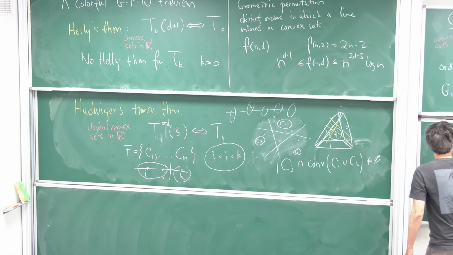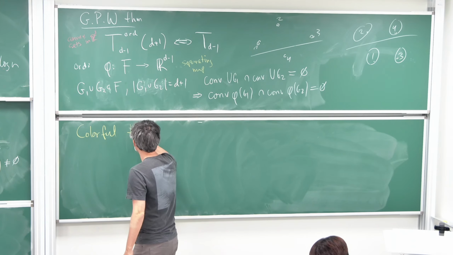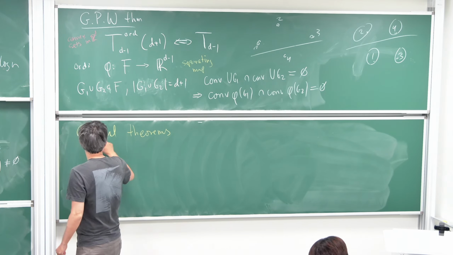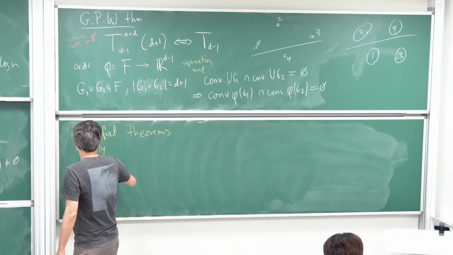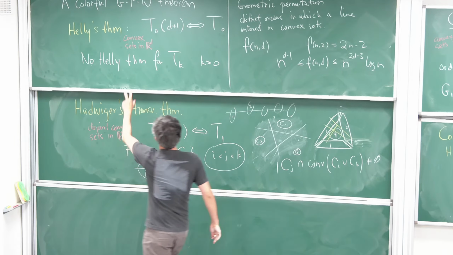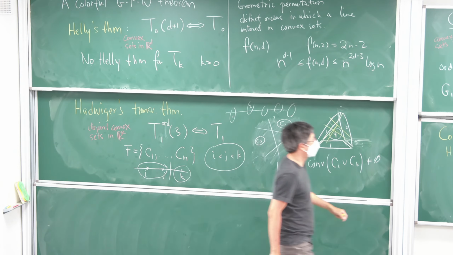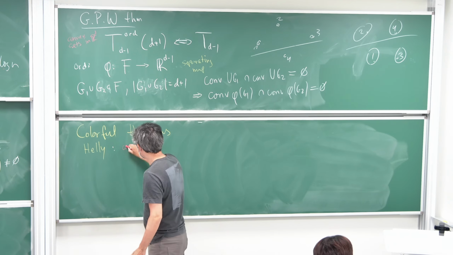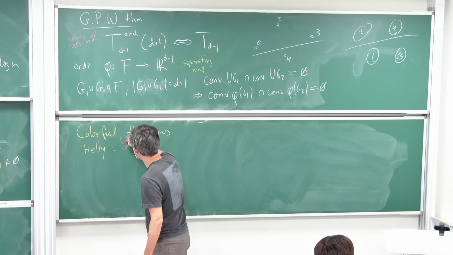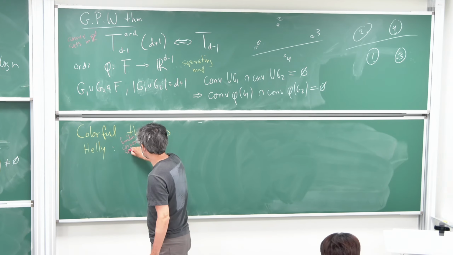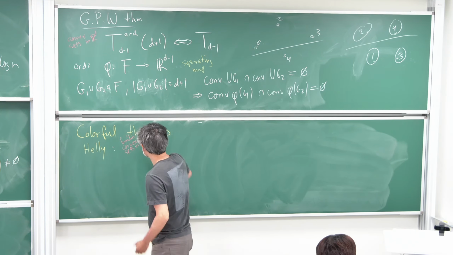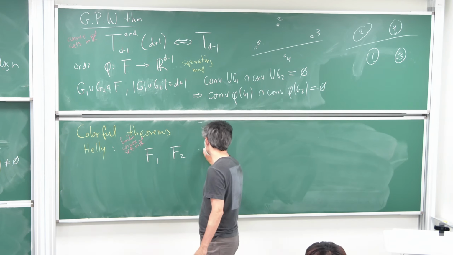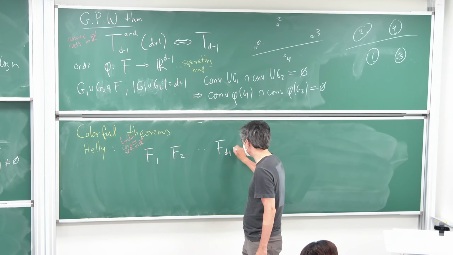Those who know me a little know that I like something called colorful theorems. And the original one is Helly's theorem, colorful Helly. So this is kind of a combinatorial generalization of the original Helly's theorem. It says the following. So now I have families of convex sets in R^d, and these will be denoted F1, F2, up to F_{d+1}.